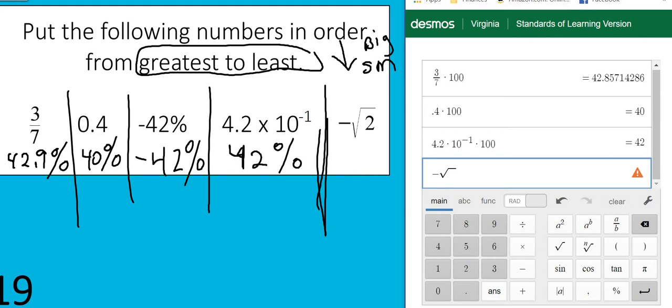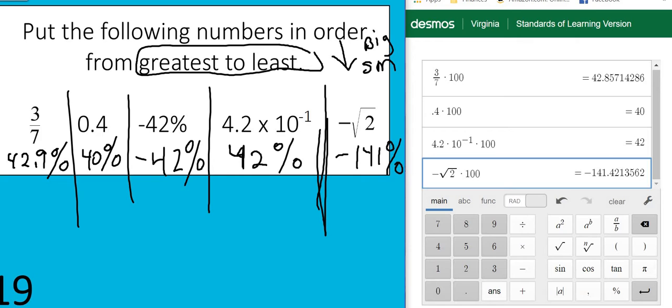Negative square root, SQRT if you're typing it, of 2. Use your right arrow to go to the right, multiply it by 100 to make it a percent, which gives us negative 141%. So if we're putting these in order from greatest to least, we got to use the biggest one first.